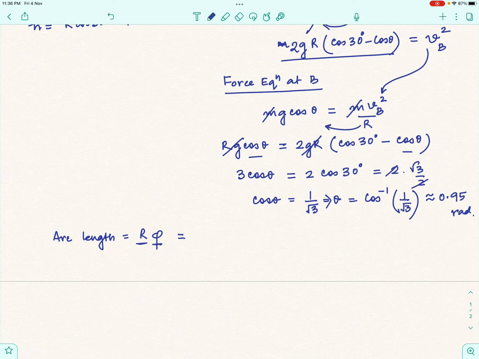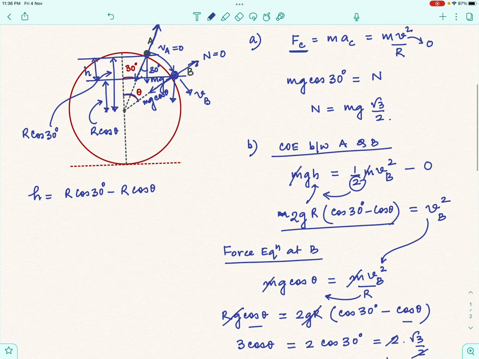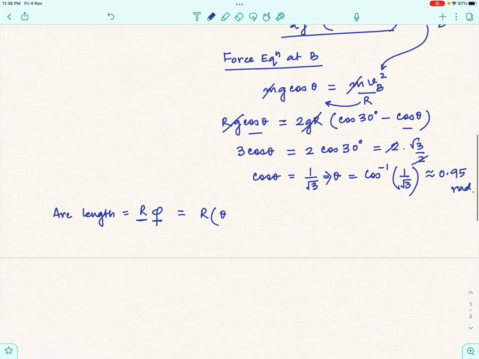So, in our question, it is r into the total angle phi that the particle has travelled, which will be theta minus 30 degrees, which in radians we can write as pi by 6. So, substituting the values, theta is 0.95 radians and pi by 6 in radians is nearly 0.52. So, our answer comes out to be nearly 0.43 times r, which is the final answer.